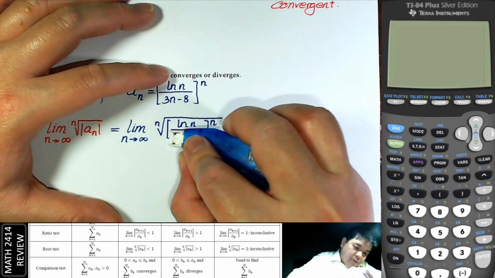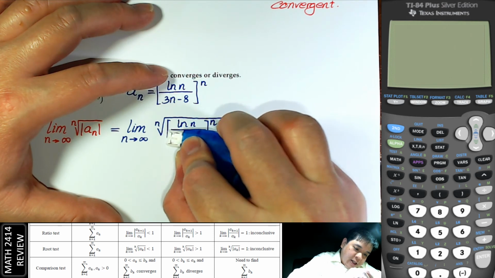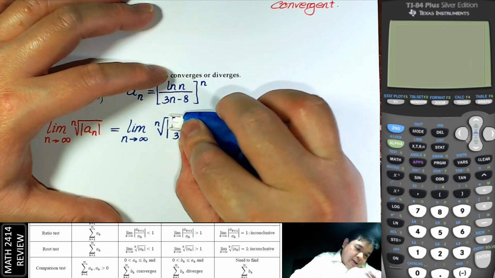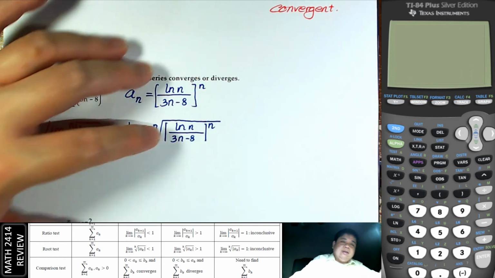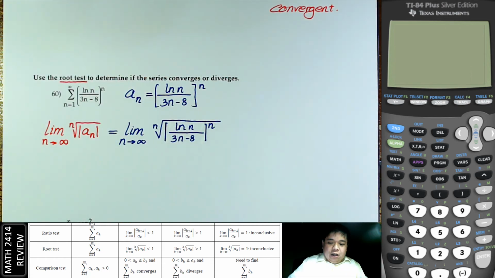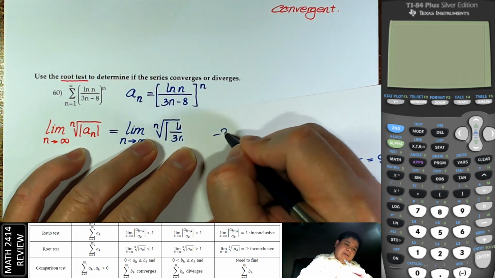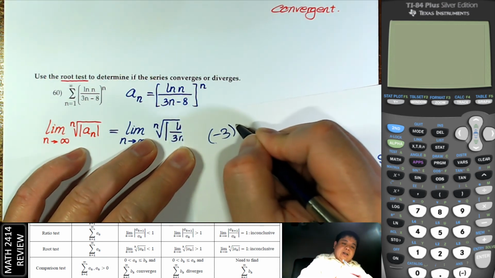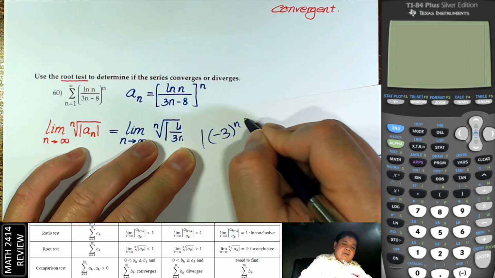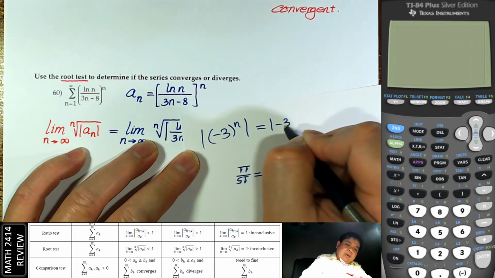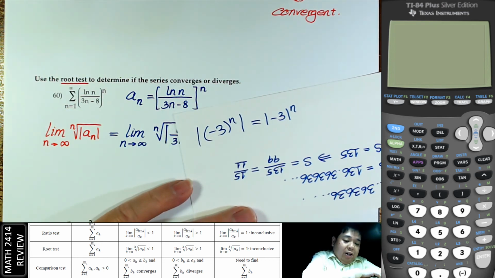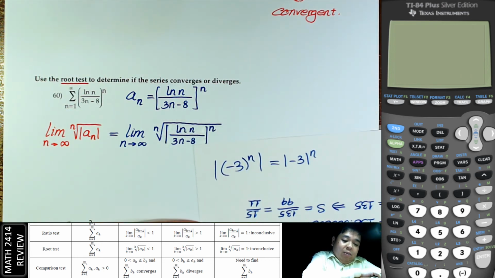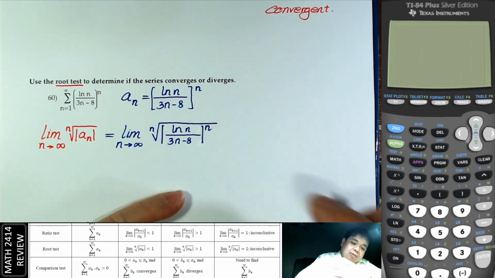So I can also just say that term to an absolute value. So that's guaranteed to be positive. So for example, if I say negative 3 to the n power in absolute values, that is the same as negative 3 to the n power, right? Because it's going to be positive at the end. So that's what we have.